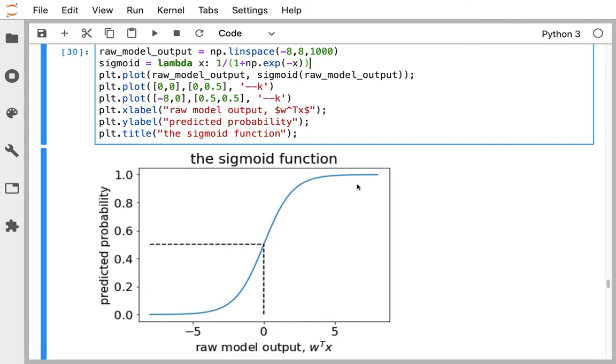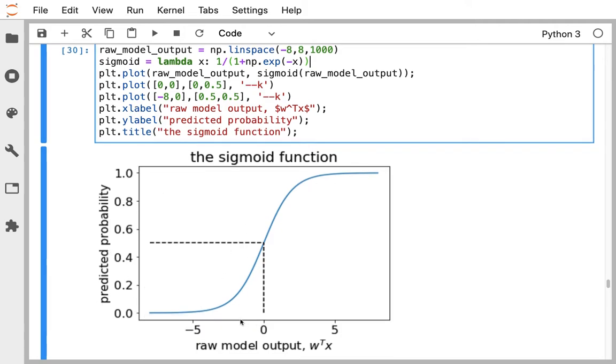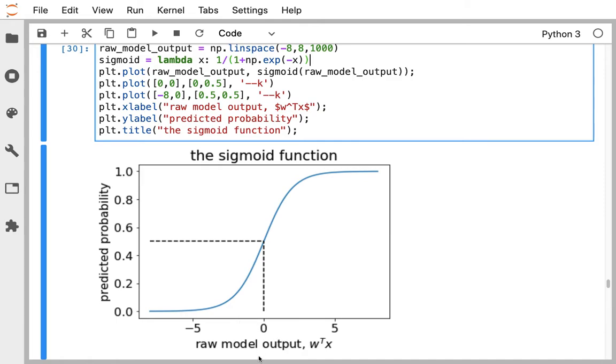So you have this squashing process, and here's the beauty of it. I just said before that 0 is the boundary for the raw model output: if it's positive we predict +1, if it's negative we predict -1. But look where 0 corresponds to here. 0 corresponds to probability 0.5, which really makes sense, because if the raw model output was positive, you would have predicted the positive class, so the probability is going to be more than half.